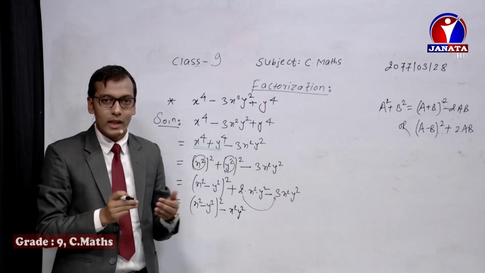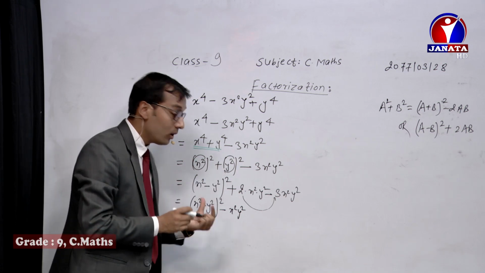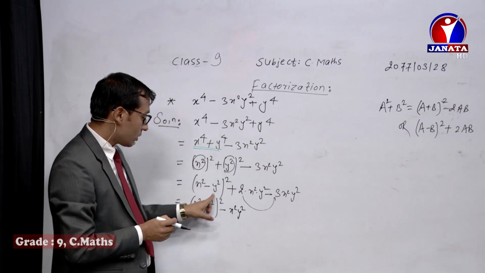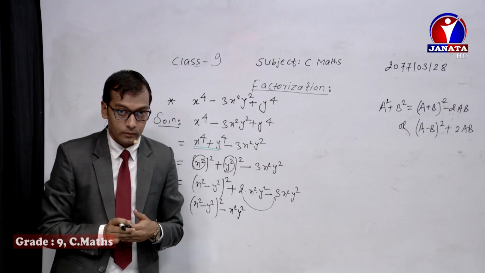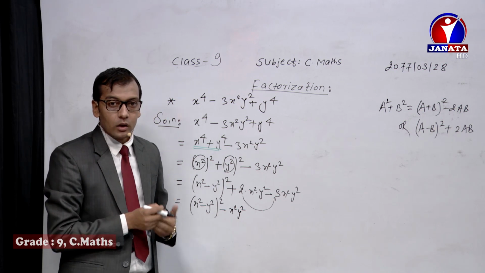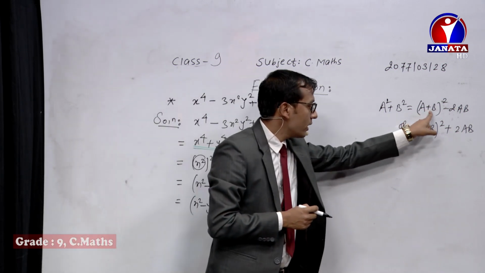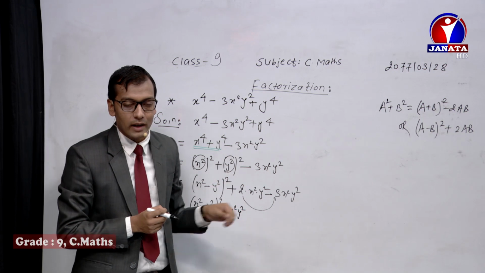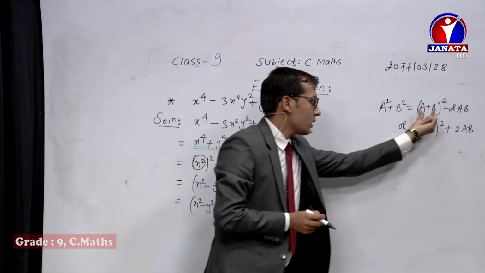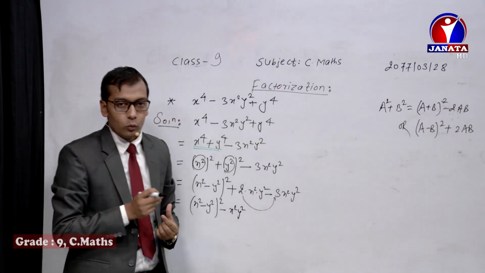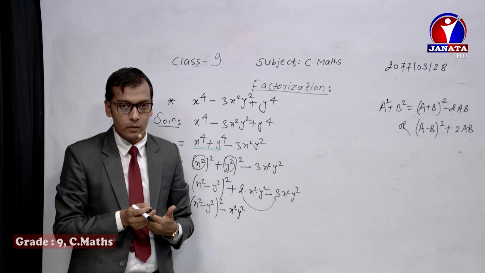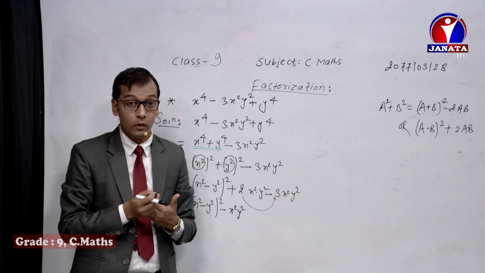Here we can say now we are able to convert this into a square minus b square form. After completing this, I will show why we cannot use the first expanded form for this factorization. Its reason is simple. If we use the first expanded form, we cannot convert into a square minus b square form, and there is no further solution.